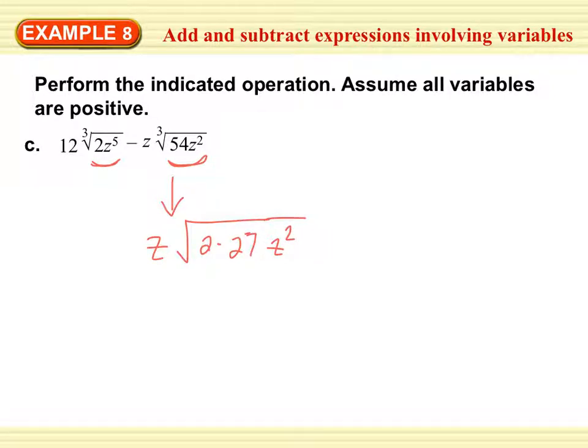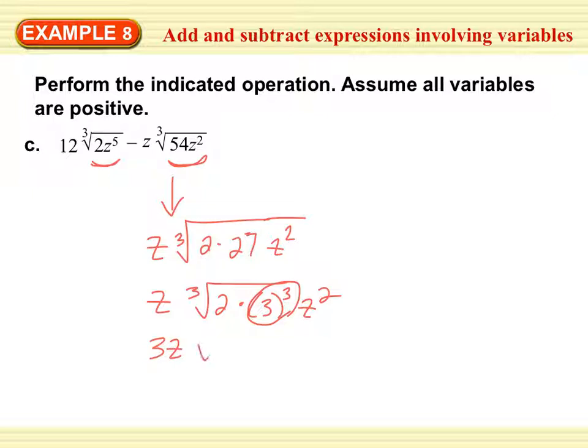Oh, I need to change that one too. 3rd root. 3rd root, can't do much with a 2, but I can make this one 3 to the third. So I can take out that 3. So 3z third root of 2z squared.